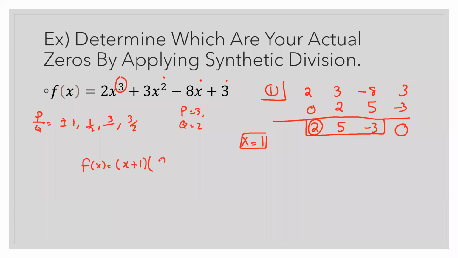So we have 2x, and we're not going to use the power 3 anymore. We're going to use the power 2, plus 5x to the power 1, minus 3. We want to completely factor. 2x squared plus 5x minus 3 can be factored. How would you factor this? Well, there's two ways.